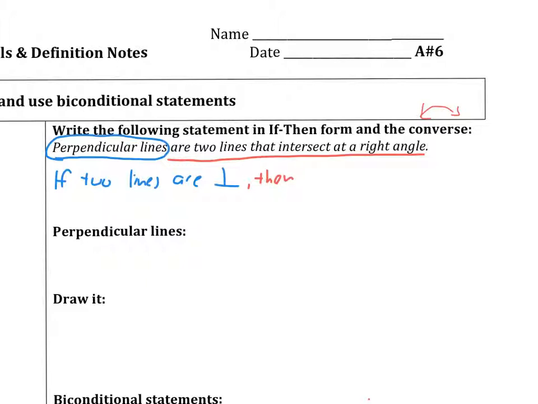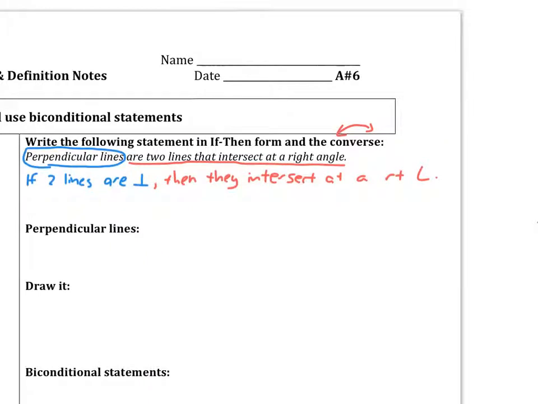Then the lines intersect at a right angle. So if two lines are perpendicular, then they intersect at a right angle.